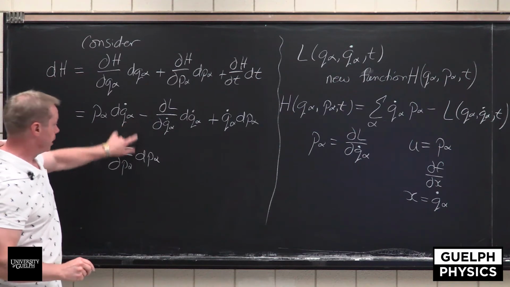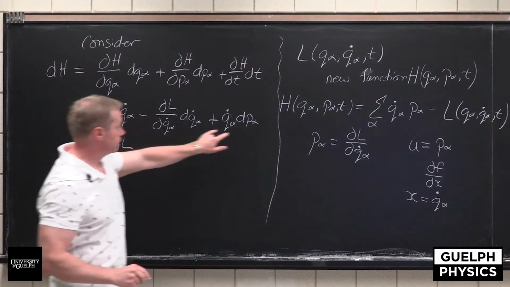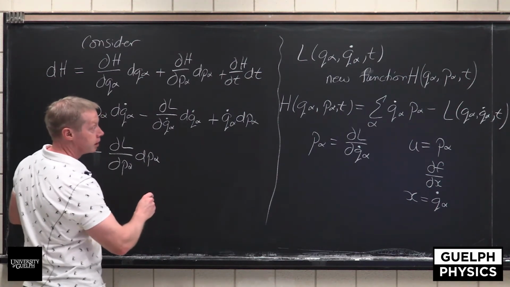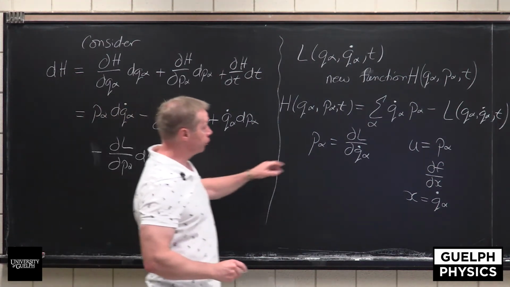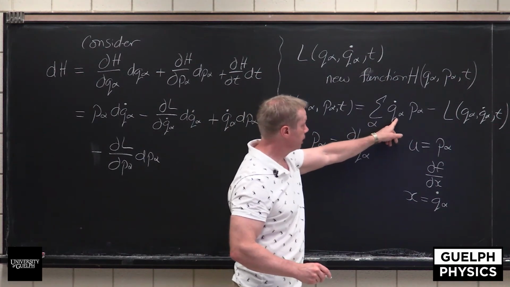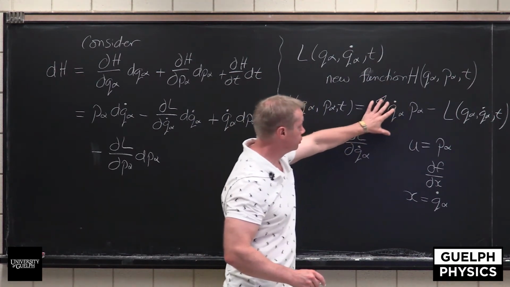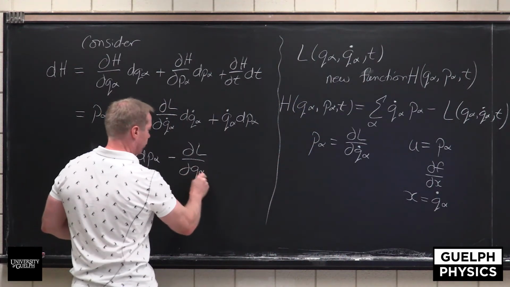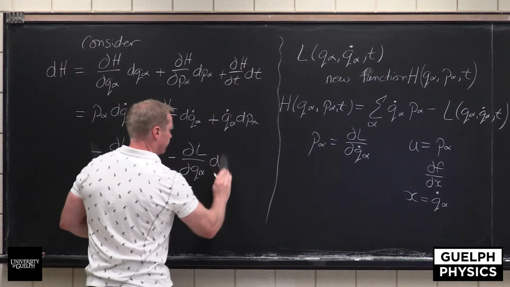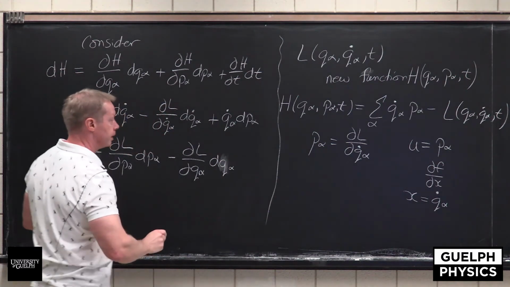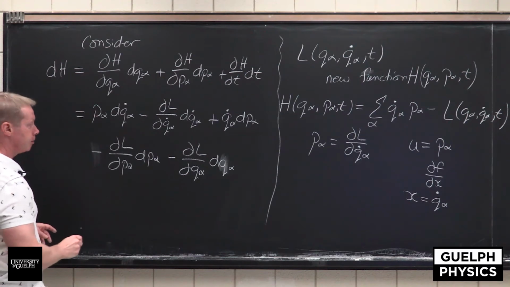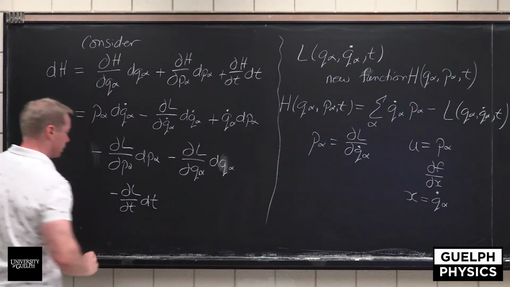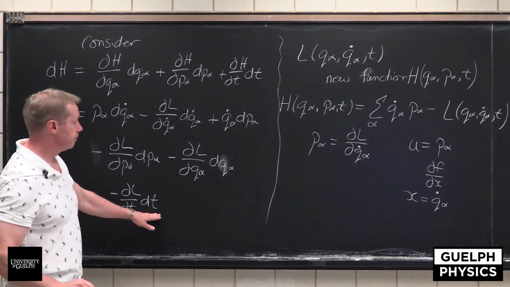So I've taken q alpha dot, I've taken p alpha. I need to now also take a partial with respect to q itself. So there's no contribution from here. So I have a minus dL by dq alpha dq alpha. And finally, the time, minus dL by dt dt.